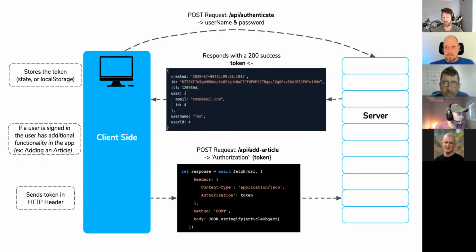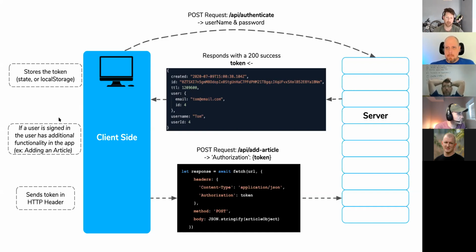This is the actual token that is being sent through to authenticate the user. We have this TTL, time to live. This is how long this token will live for. I don't know if it's 30 days or something like that, but it's a certain number of minutes. Then it sends the user object back, and then the username and ID.